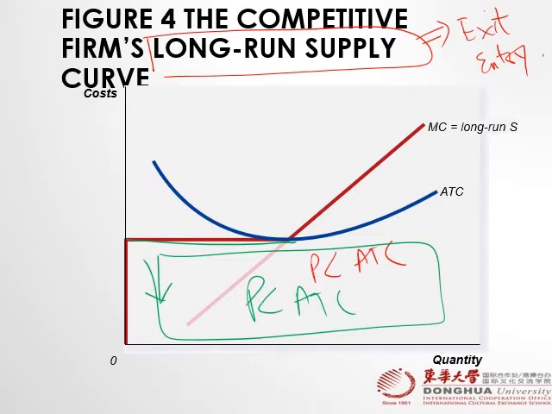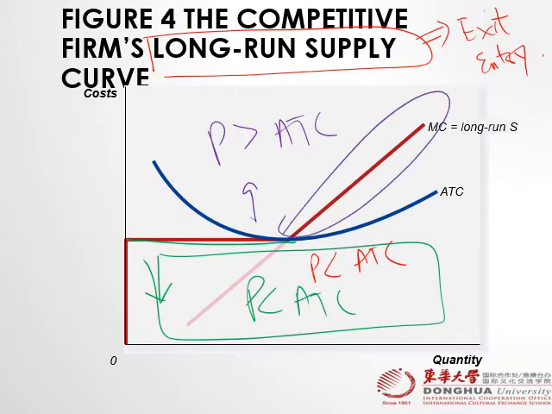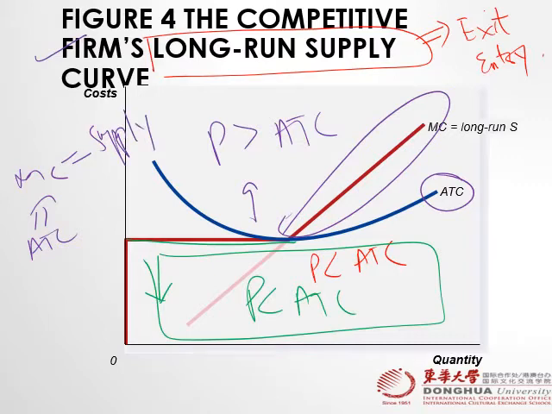And above this area, price is greater than average total cost. So that part of the marginal cost curve which lies above the average total cost curve, we call in the long run our supply curve. Understand? Remember, this is long run decision and long run supply curve.